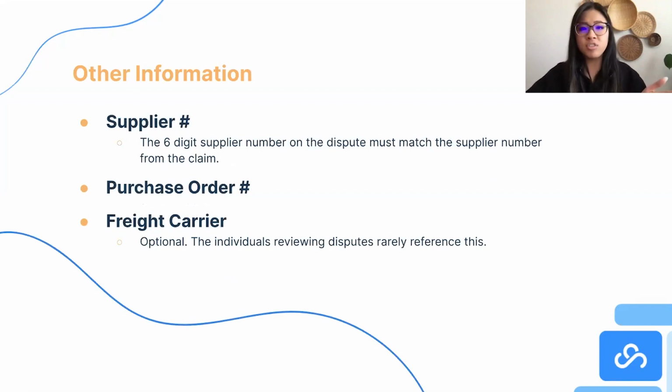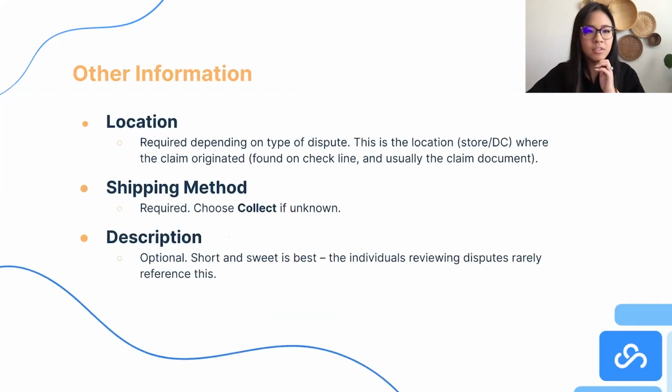Other information, again, should be automatically filled out for you, but it's nice to know what it is and where it's coming from. Your supplier number is going to be your 6-digit supplier number, purchase order, freight carrier. All this is pretty self-explanatory. Your location is really going to be where the claim originated from. Shipping method is either going to be collect or prepaid.